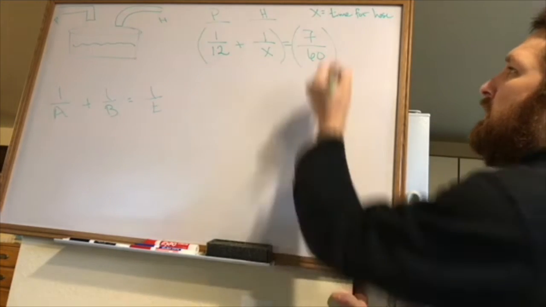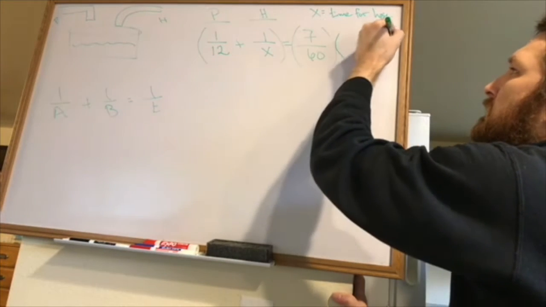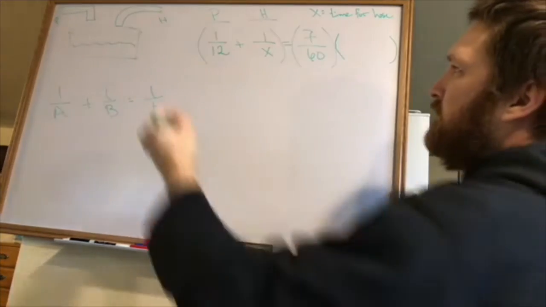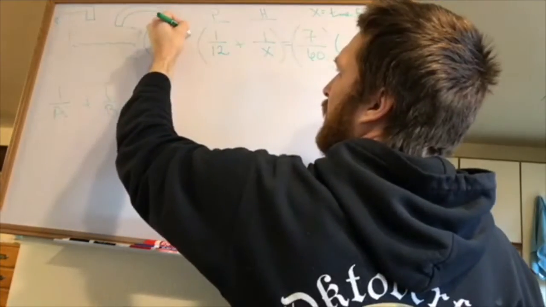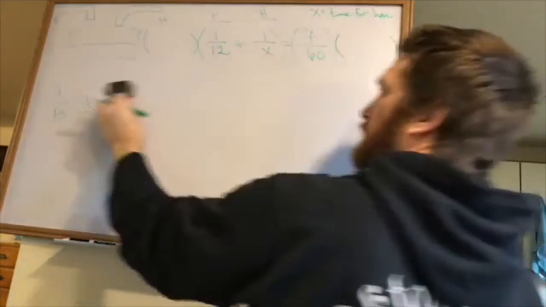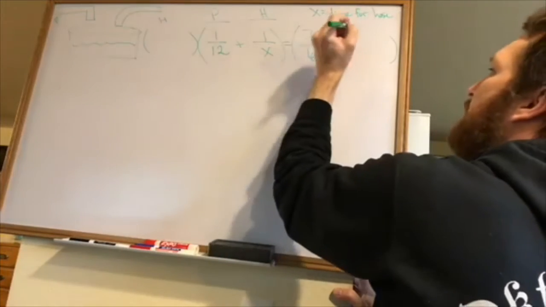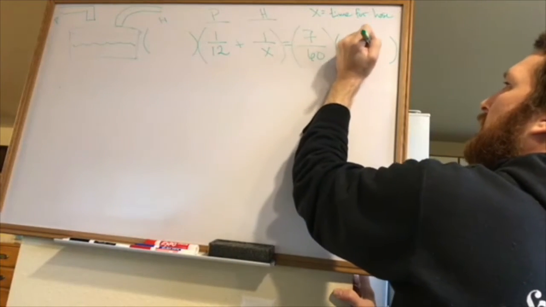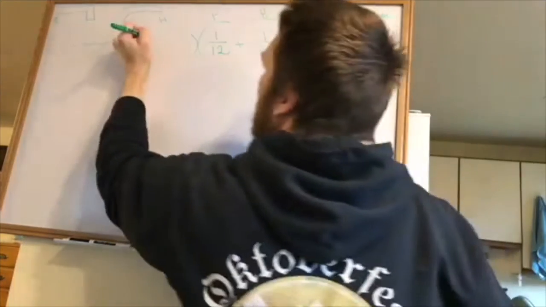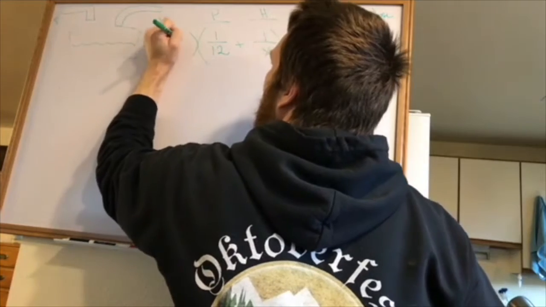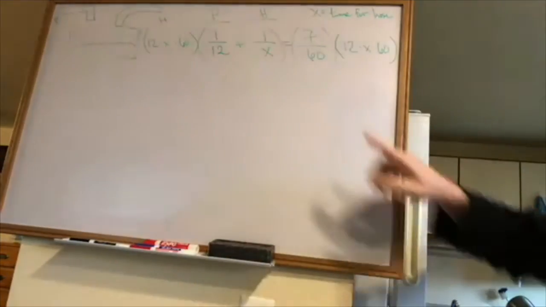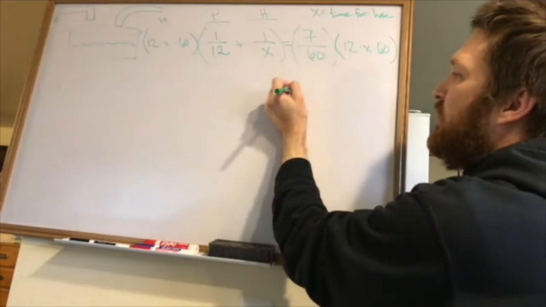So what do I need to multiply to do that? Multiply by 12. Multiply by x. Yep. And multiply by 60. So 12x and 60. Let's do the right-hand side first.